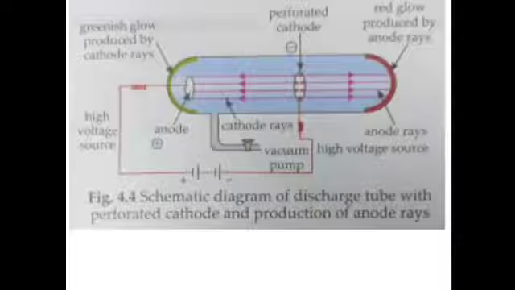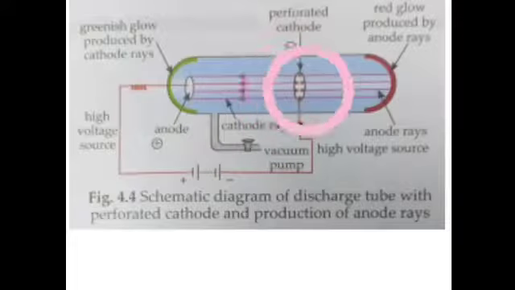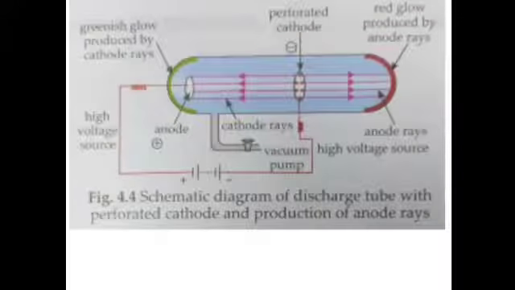Then he passed electricity at high voltage of around 10,000 volts to a gas at a very low pressure, that is around 0.001 millimeter Hg. What did he observe? He observed a red glow behind the cathode, and this is the cathode that you can see, and behind it a red glow was observed. And it was exactly in the opposite direction of the cathode rays.